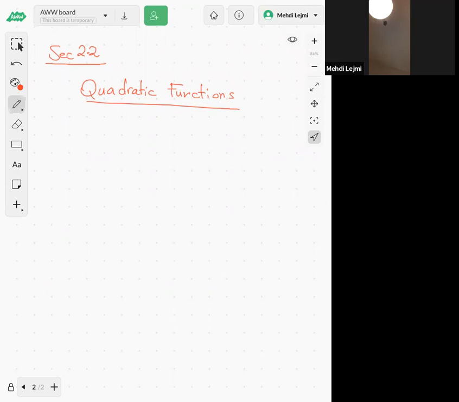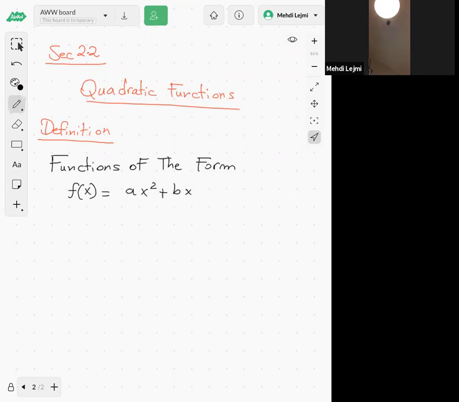Anyway, I would say quadratic function is not really hard. So first, what's the quadratic function? Well, it's just a function of the form ax squared plus bx plus c. So functions of the form f of x equal to ax squared plus bx plus c are called quadratic functions.